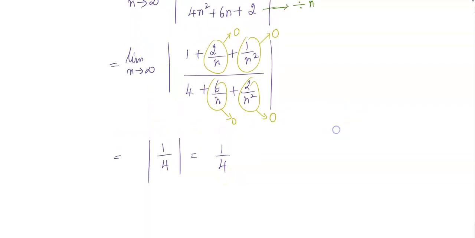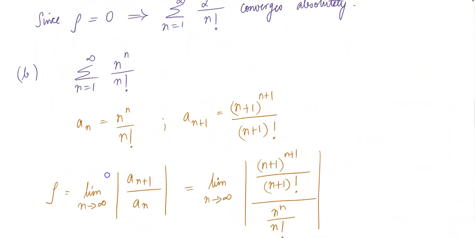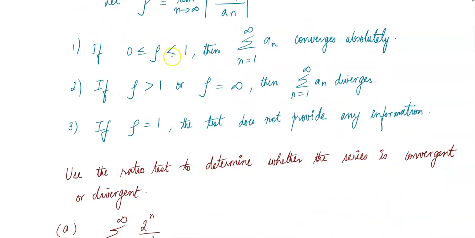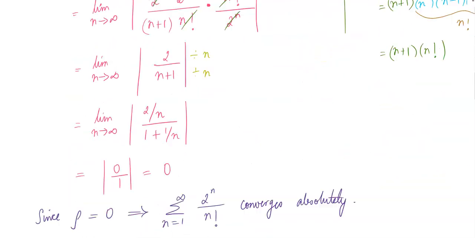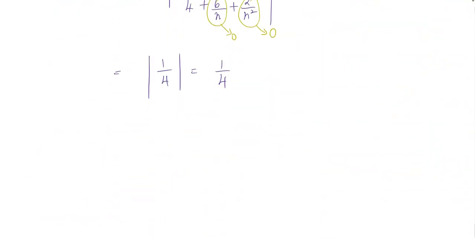Alright, so now we have to go back. 1 over 4 is a value less than 1. So let's go all the way back to the rule. If your rho is less than 1, which is the first condition, then the sum of a_n converges absolutely. So we got that. Let's come back here and declare that.